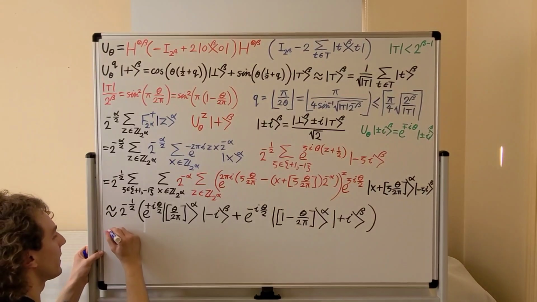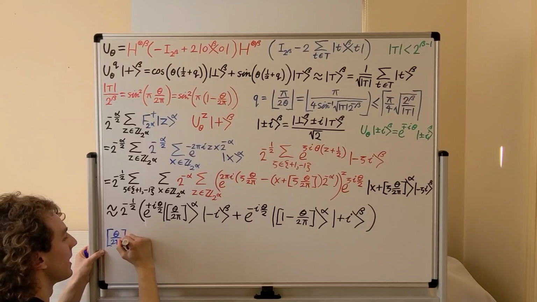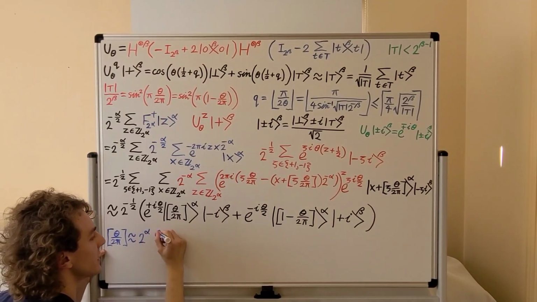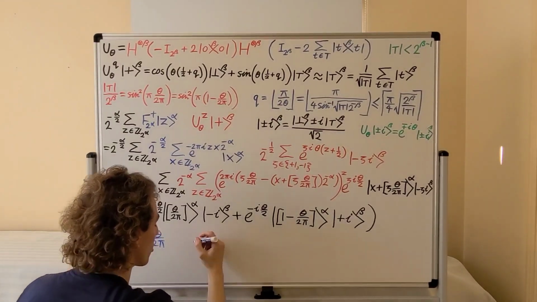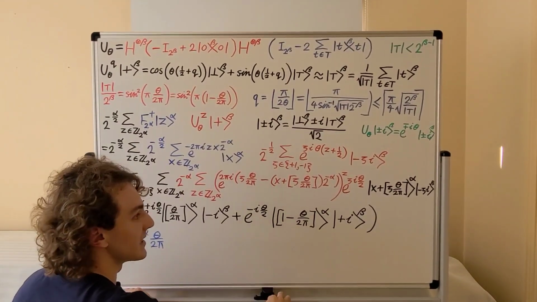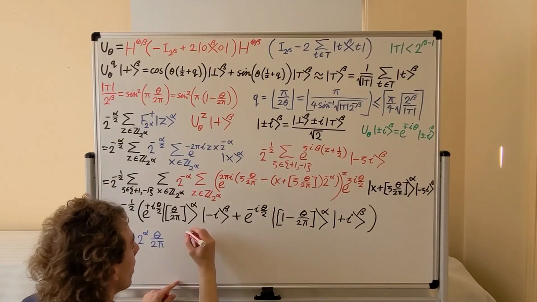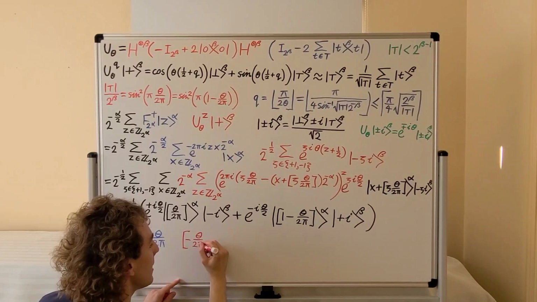So if you consider this alpha qubit approximation of theta on 2 pi, that is approximately equal to 2 to the alpha times theta on 2 pi. And if you consider this value, that corresponds to the minus value. So we have the alpha bit approximation of minus theta on 2 pi.